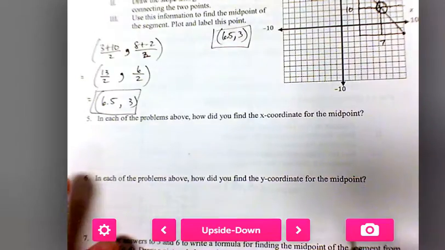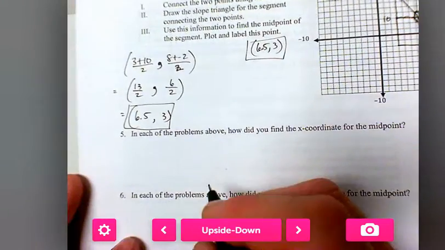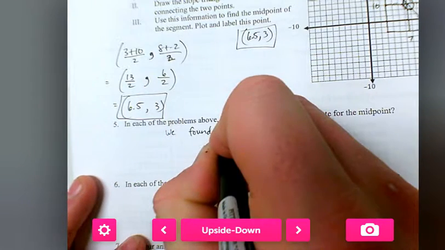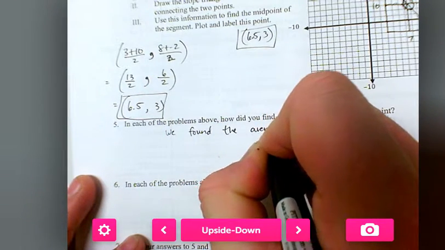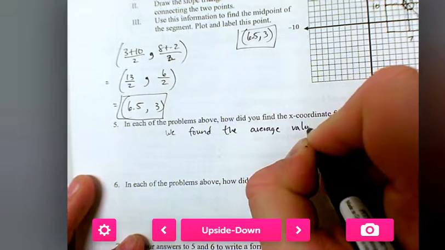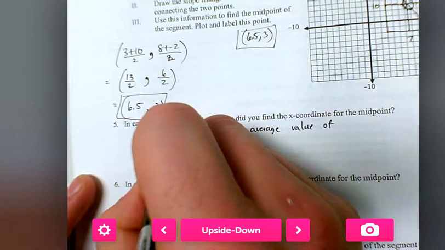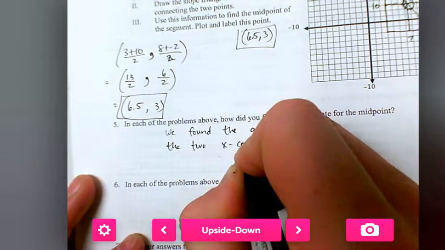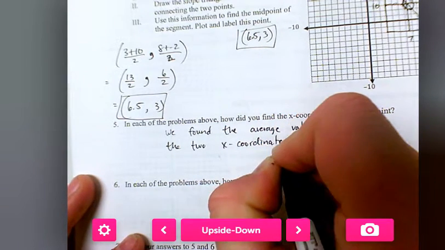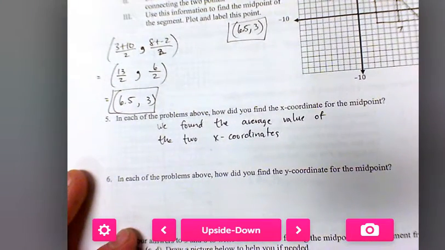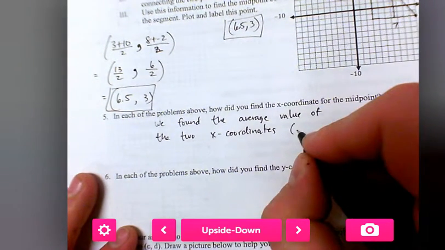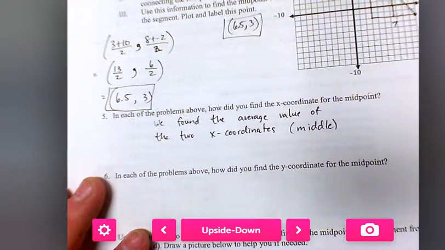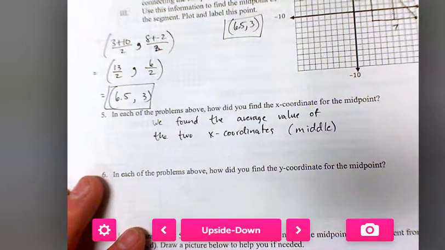So in each of the problems above, how did you find the x coordinate? So we would say we found the average value of the two x coordinates. And I'm going to put in parentheses here the middle, because we're looking for the midpoint.